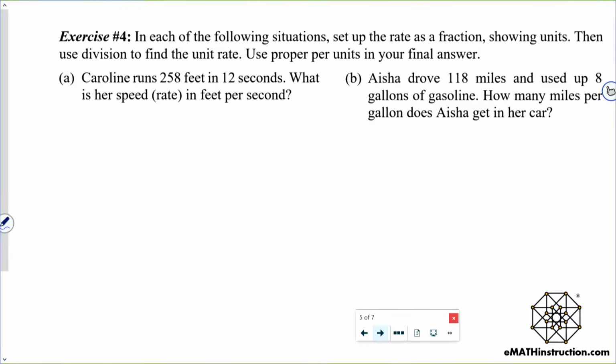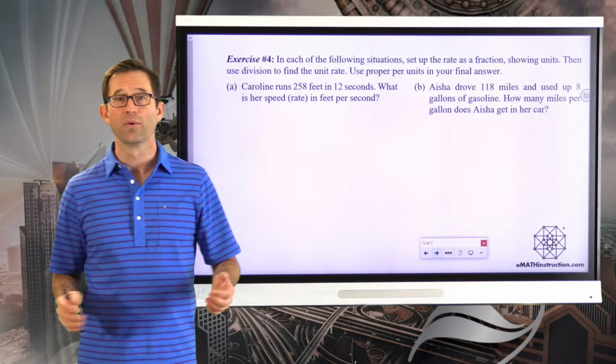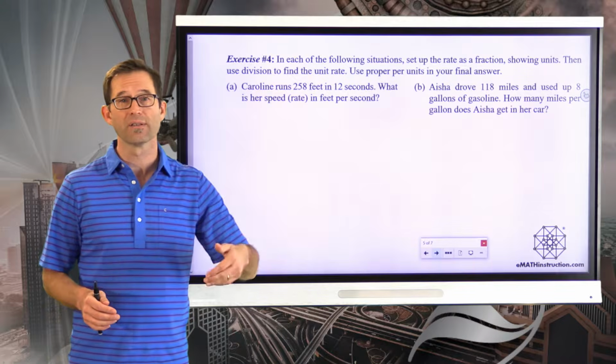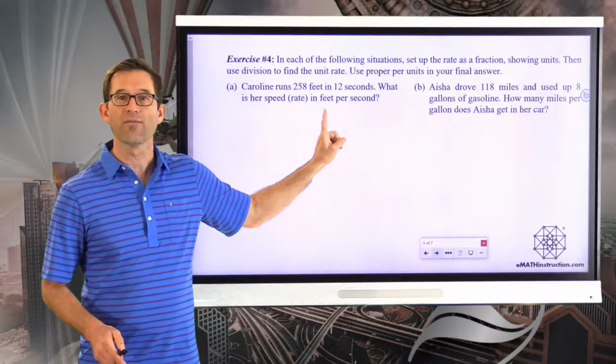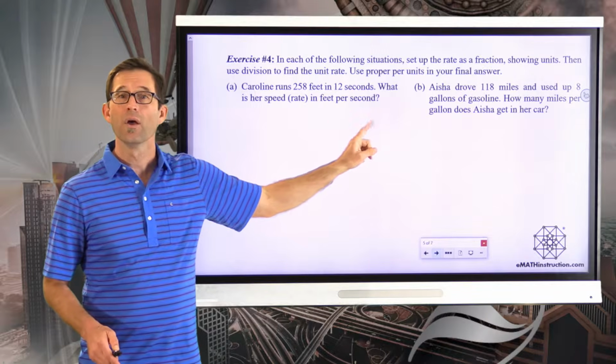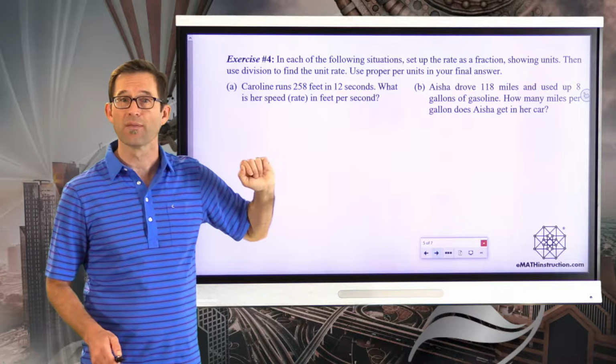Letter A, Caroline runs 258 feet in 12 seconds. What is her speed, which is a rate, in feet per second? Now, we can always set up a ratio in 2 ways. It could be feet divided by seconds or seconds divided by feet. But specifically because they say feet per second, we know the feet must be in the numerator and the seconds must be in the denominator.